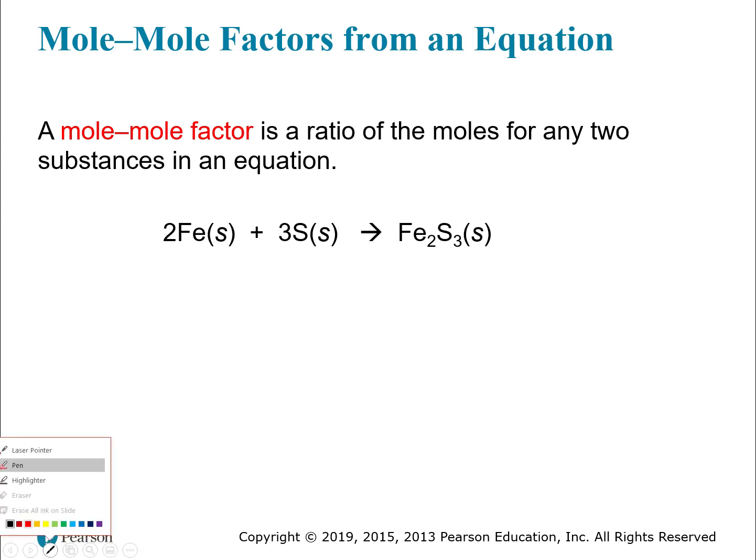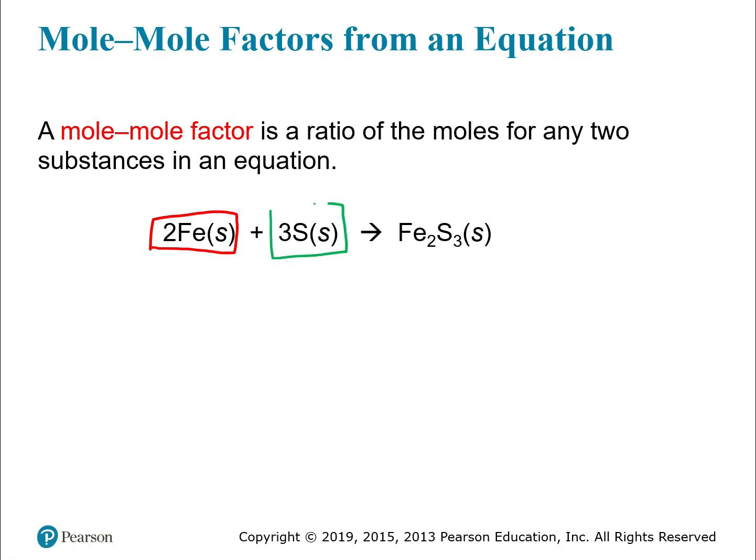The first one we'll do, iron in red. The sulfur, I wish I could do yellow because it's kind of a yellowish color, but that's not going to show up very well. So the sulfur will be green, and then purple will be for the iron 3 sulfide.